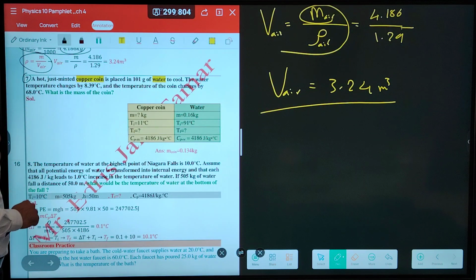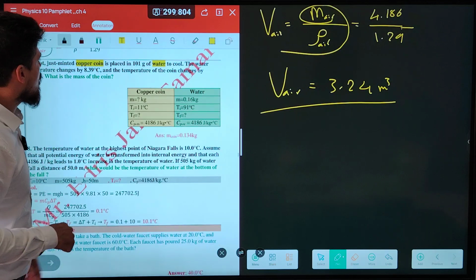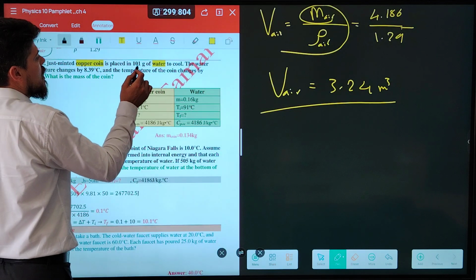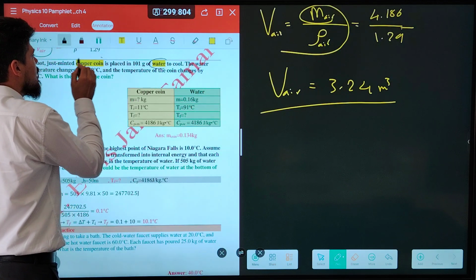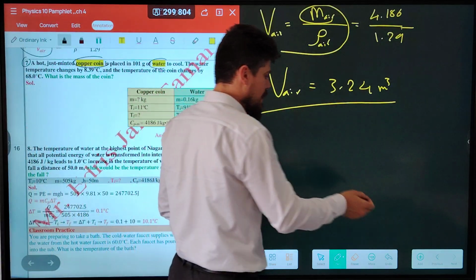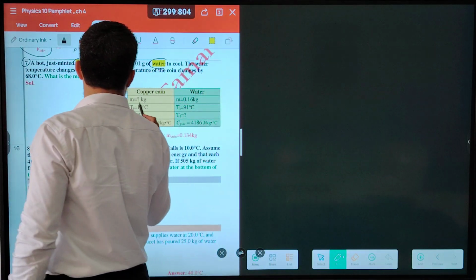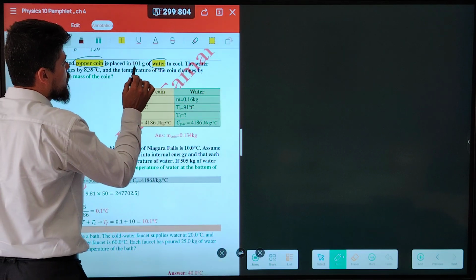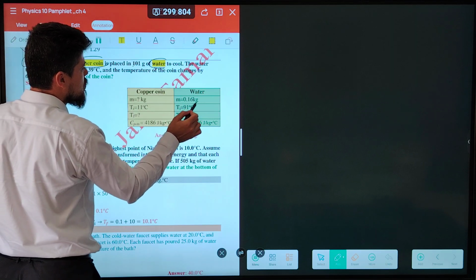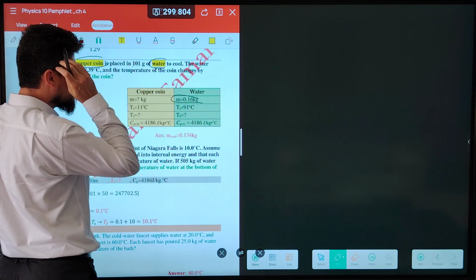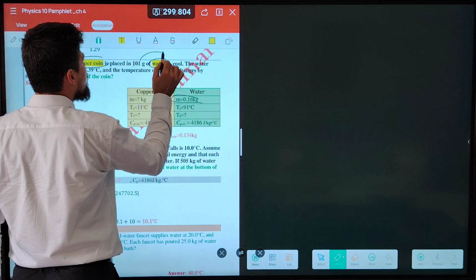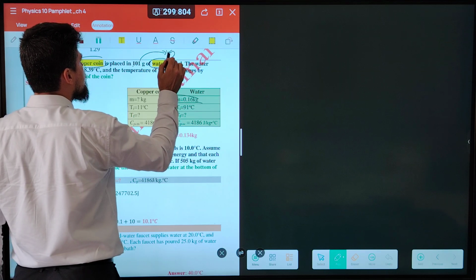Question number 7. A hot just minted copper coin is dropped in 101 gram of water. How many substances do we have? 2. Okay. The mass of water is 101 grams. So you have to convert this gram to kilogram.